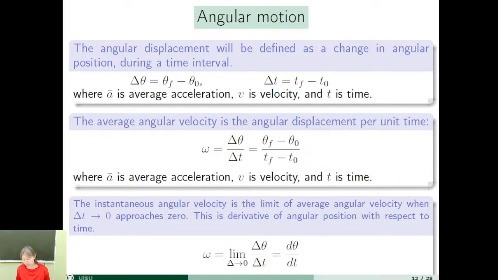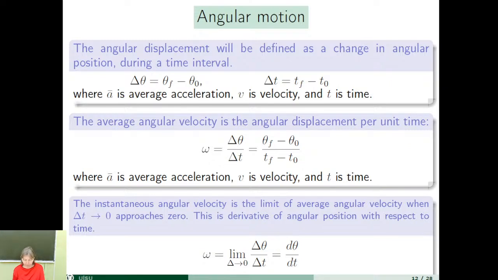We define the average angular velocity of the body in the time interval delta t from t first to t second as the difference of angles over the difference of time, where delta theta is the angular displacement during delta t.